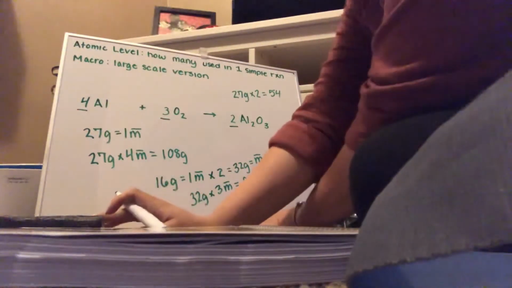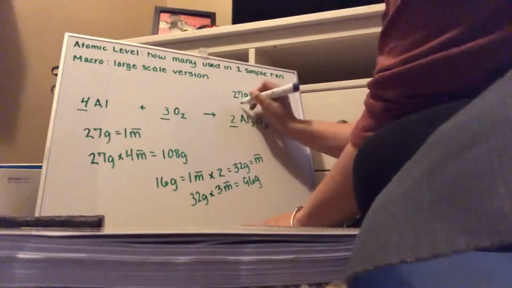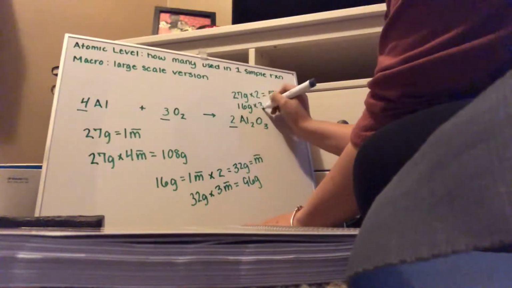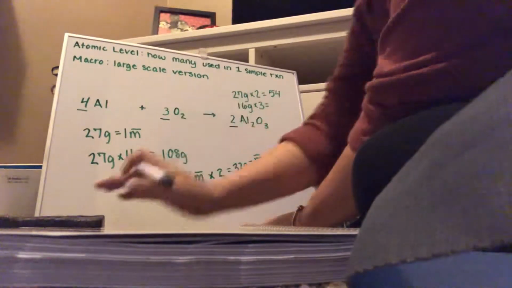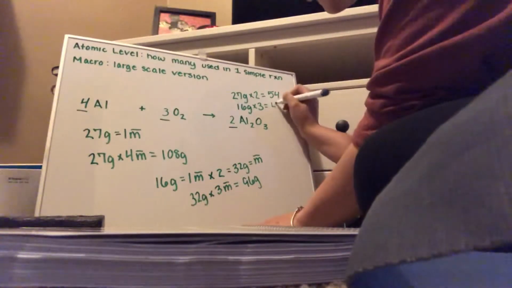And then you have 3 oxygens, so 16 times 3 equals 48.